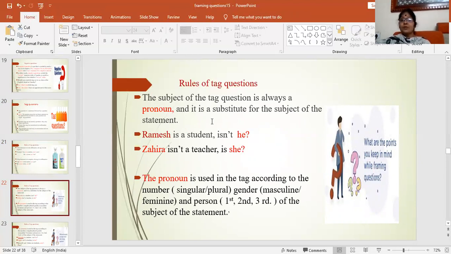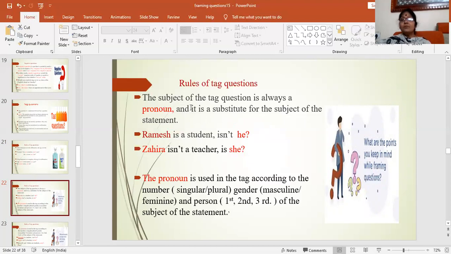If it is Sita, you will write she. So it is always a pronoun. Zaira isn't a teacher, is she? Right? So the pronoun is used in the tag according to the number, that is singular, plural; gender, that is masculine, feminine; and person, first, second, third of the subject of the statement.